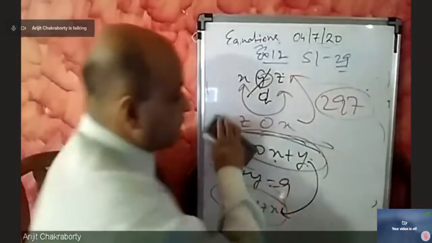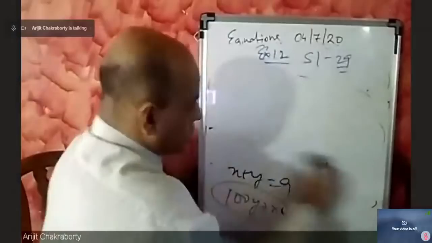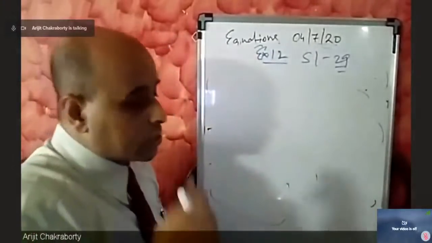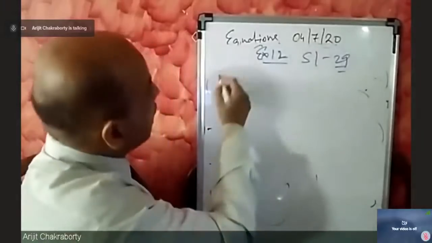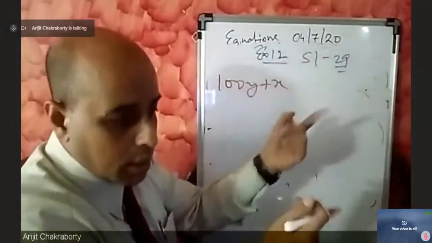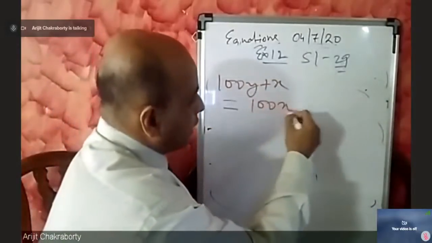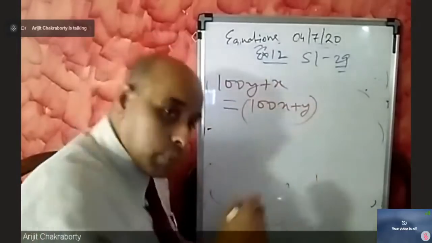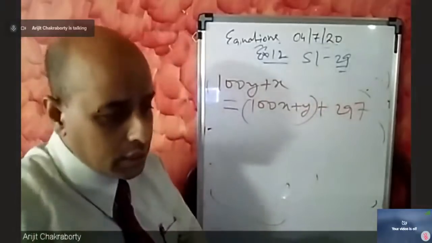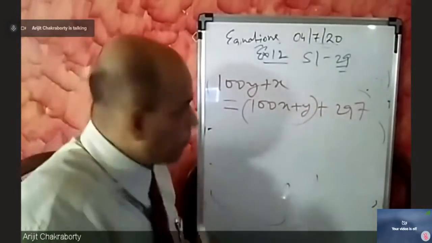This is a tough one, that's why I am doing it at the end of today's class. I am going gradually upwards. So the equation, if you see, is 100y plus x, which is the interchanged number, equal to the original number 100x plus y plus 297. This is the equation. This is one of the toughest ones in this particular chapter.